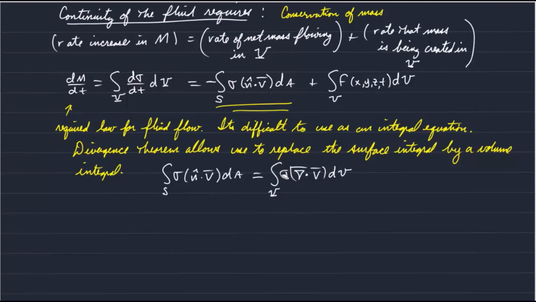And I need to write this: I want the divergence of sigma times V here, integrated over the volume. And so if we were to make this substitution, then we could write everything under a volume integral.